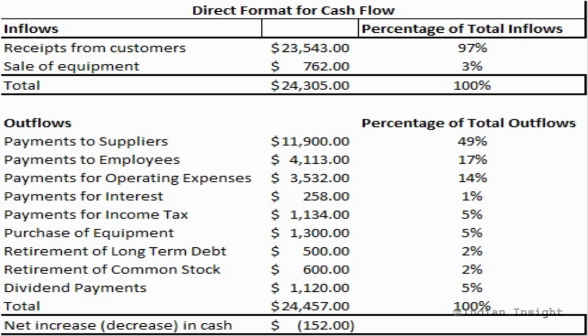Similarly, in case of outflows, we are expressing all the outflows as percentage of total outflows, and we see that here payments to suppliers dominate the outflows, so that around 49% of outflows are because of payments to the suppliers. The next highest contribution to outflows comes from the payment to employees as employee expense probably, and the next highest source of outflow is the payments for other operating expenses.